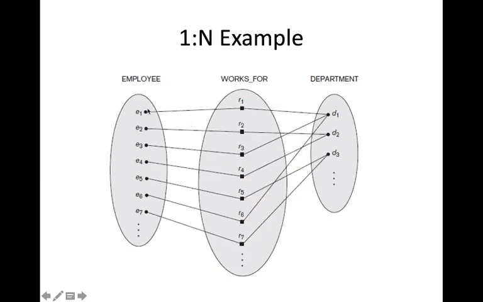In this case, the employee side is total, because every employee should work in a department. And here it is partial, because not all the employees work in a particular department; they can work in different departments. So on this side it is total constraint. Every employee should work in a department, and on this side it is partial.